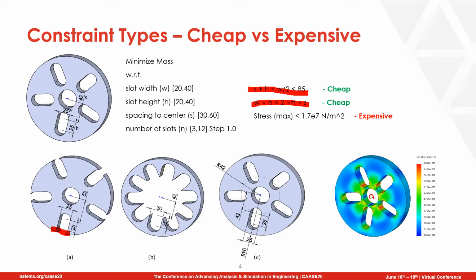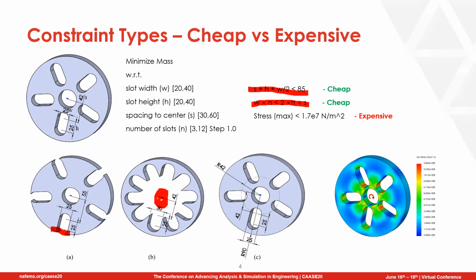And if I don't control it, they might interconnect and cut the center hole, which is an invalid design. So the two constraints we went through only require input variable values to be calculated, which makes them computationally cheap.